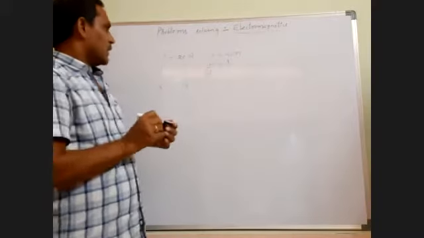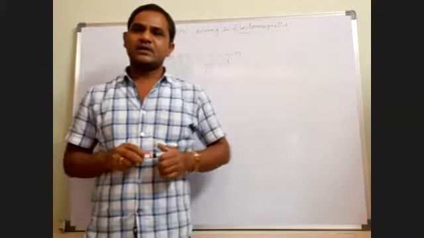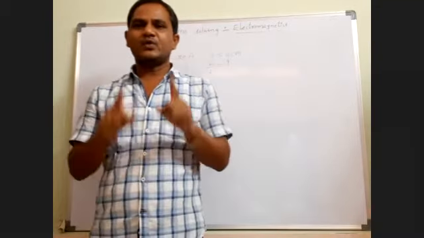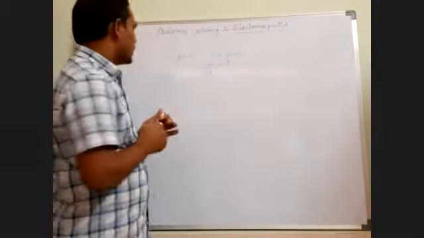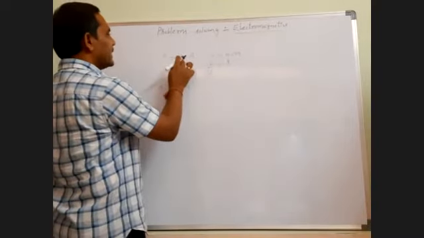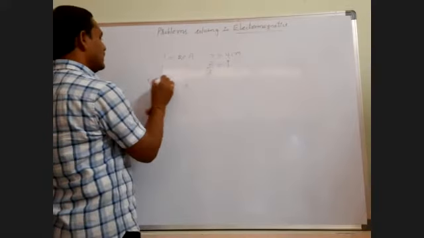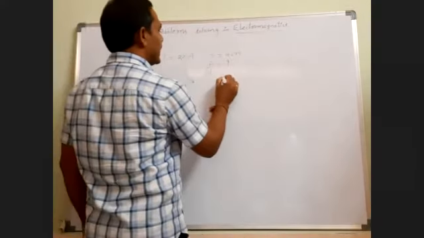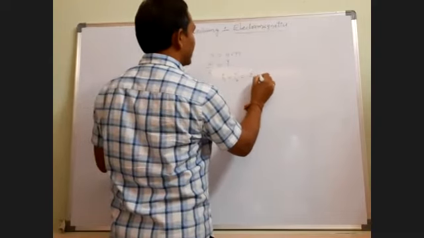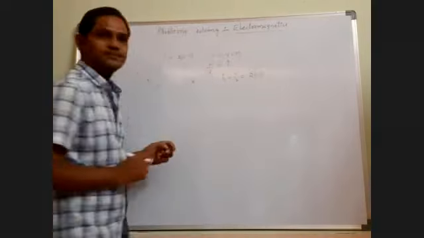So here, the concept is, we are talking about two parallel current carrying conductors. Both conductors are carrying equal current, I1 equal to I2, equal to 20 amps.